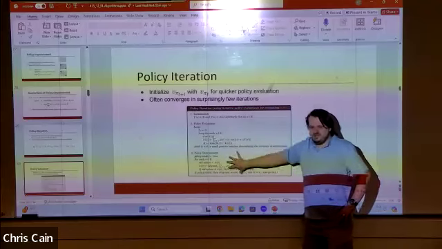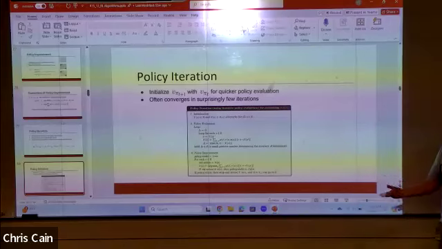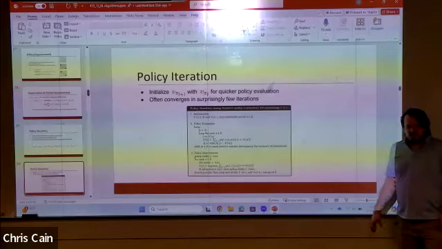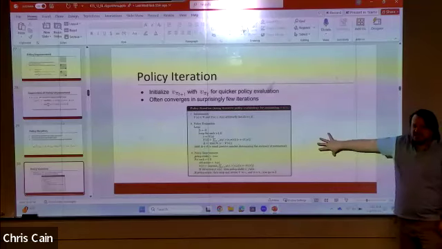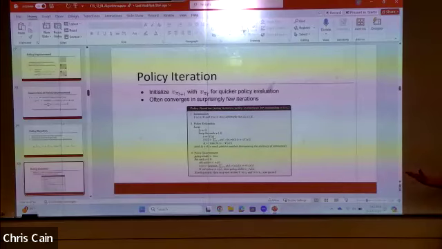And in very few iterations here, it will actually converge to an optimal policy that gives you optimal state values for all of the states in the state space, saying that there is no policy that could improve on this. So the theoretical guarantee of this is that you end up with an optimal policy and optimal state values or state action values. Which is really cool to see, that this can optimize an arbitrary process very quickly.